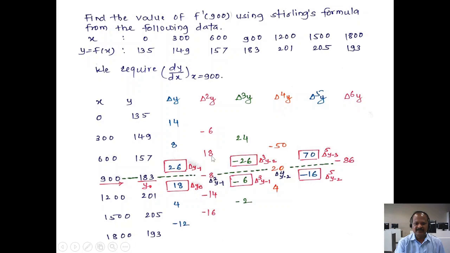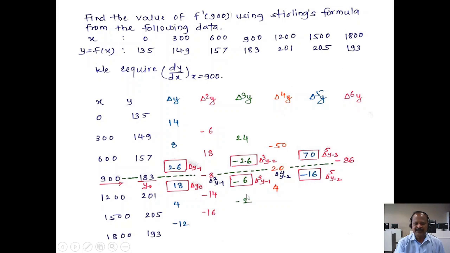Minus 8 minus 18 is minus 26. Minus 14 minus the bracket minus 8 is minus 6. Minus 16 minus the bracket minus 14 gives minus 2. Fourth difference: minus 26 minus 24 is minus 50. Minus 6 minus the bracket minus 26 is 20.